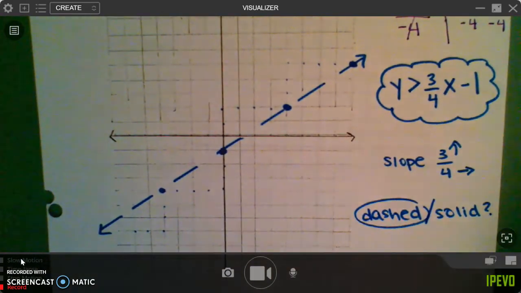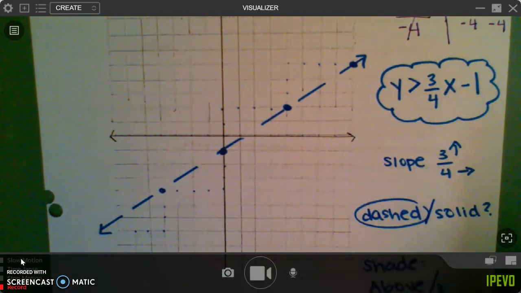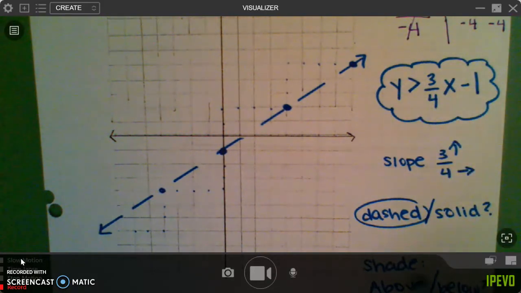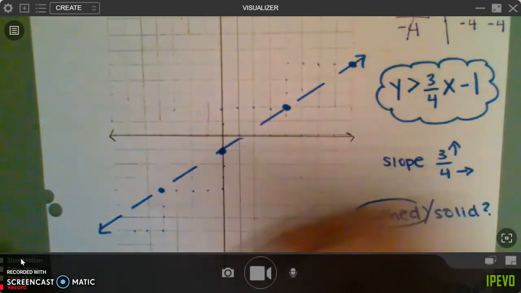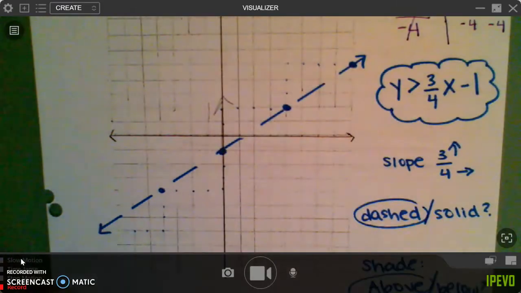Then you have to figure out, am I going to shade above or below? For this problem, you read this as y is greater than, so greater than gets above. So choose any point that you just graphed. Let's just choose this one, and you're graphing it upwards, above.